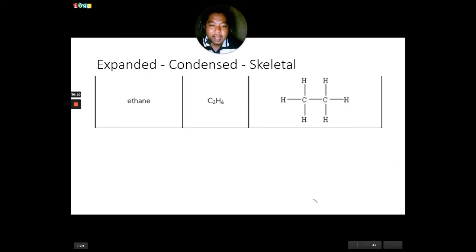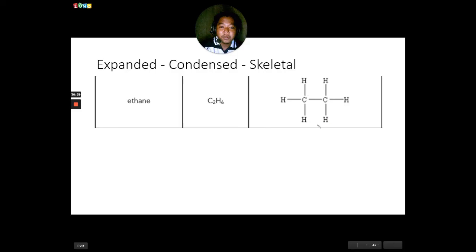Now, I'll teach you the simpler way of writing this one. So, the scientists, they are very, very lazy. Or maybe they just need other time to do some things. Maybe attend to their family and other needs. So, they created something simpler than this one.